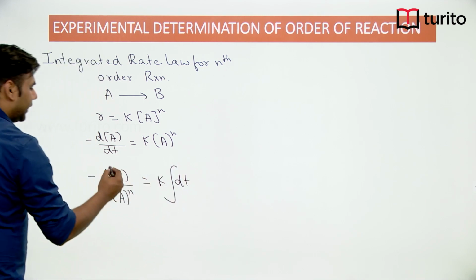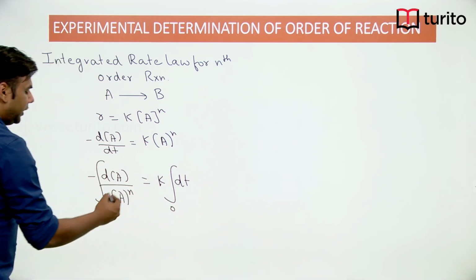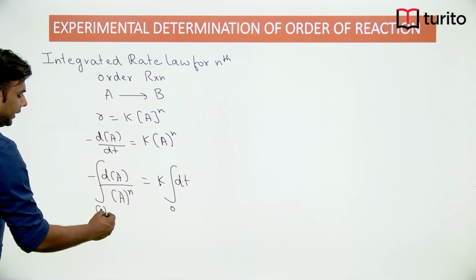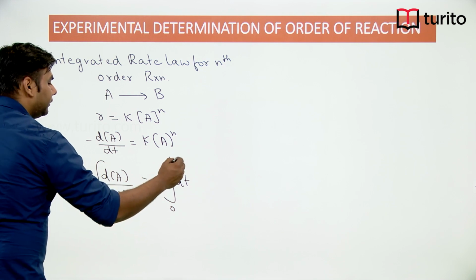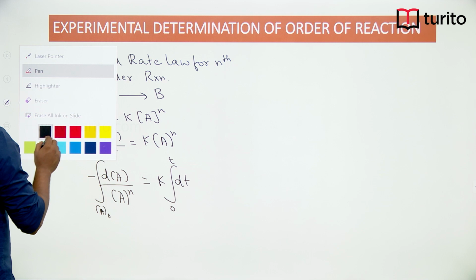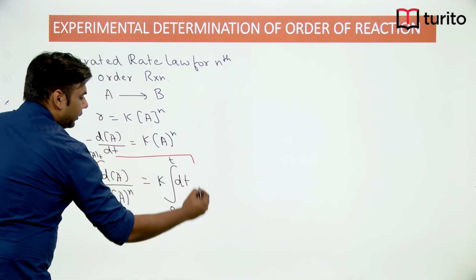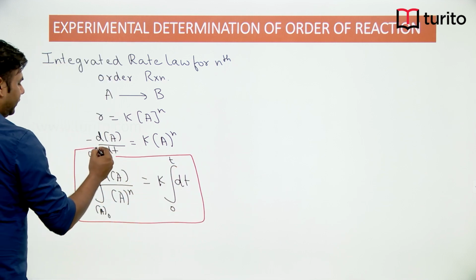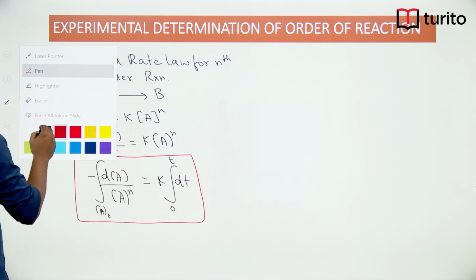We'll integrate this. At time t equals 0, only A was present, so we'll write it as A naught. After some time t, the concentration of A is suppose At. So we are going to integrate. I hope you are comfortable with integration; these are very basic integrations.